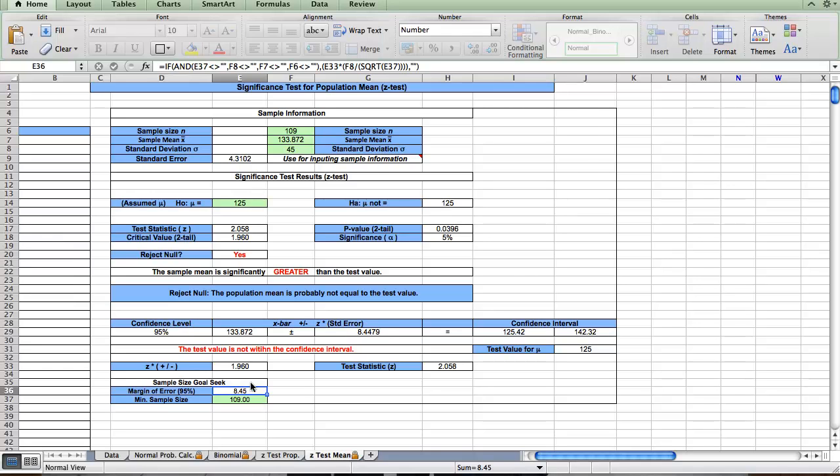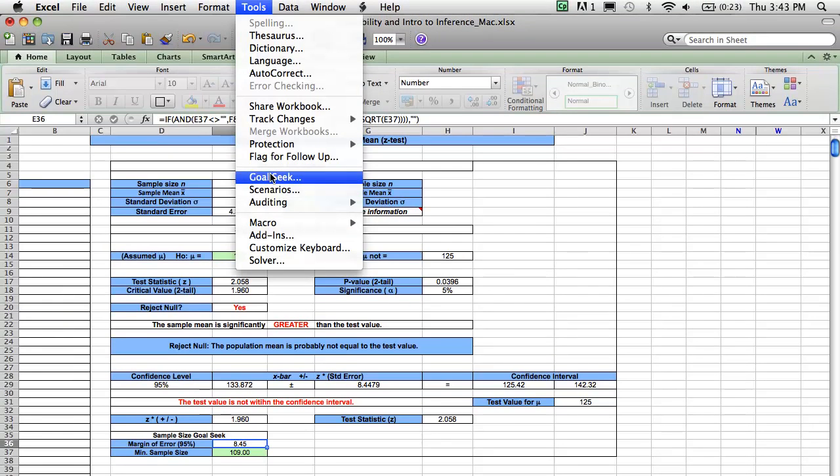These are in thousands of dollars, so the margin of error is plus minus $8,450. What would be the minimum required sample size to reduce that margin of error to only $5,000? The goal-seek will tell us.